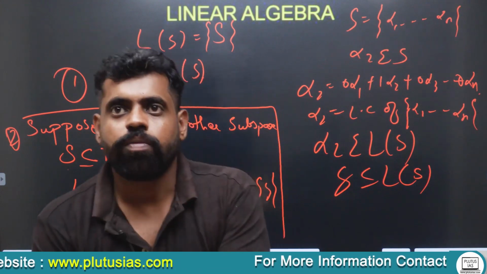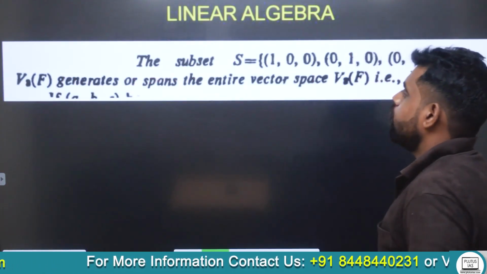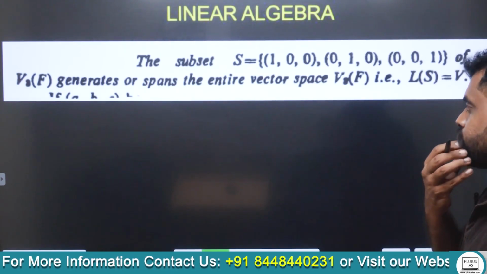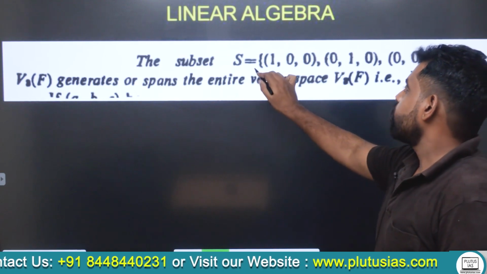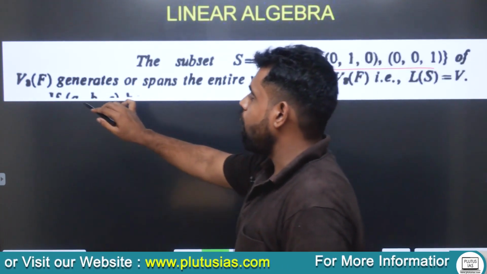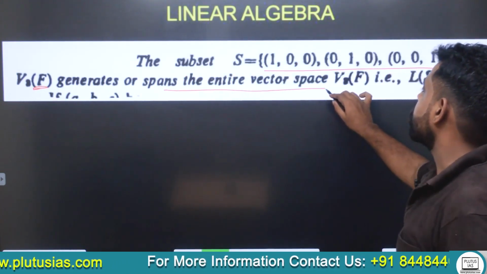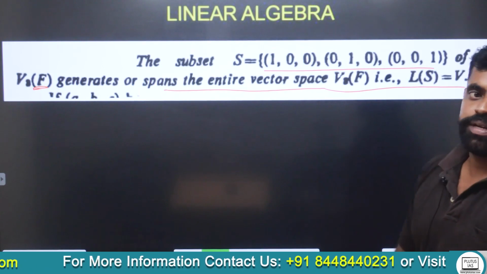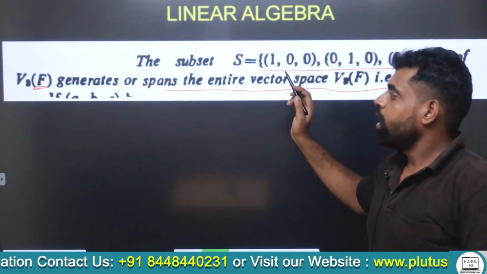Okay. So now we'll see the previous topic. Now it says that the subset S of a vector space generates or spans the entire vector space, that is, LS is equal to W. Okay, entire vector.